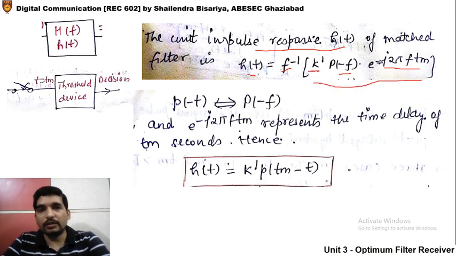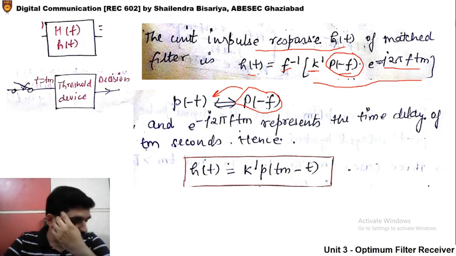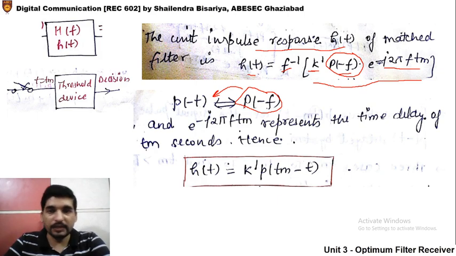Now, when we are taking the Fourier inverse of this term, the first term is a constant, so it will come out. The second term is P(-f). Now P(-f) is the Fourier transform of p(-t) simply. Agree? As per the Fourier transform property, if p(t) is P(f), then p(-t) will be P(-f).